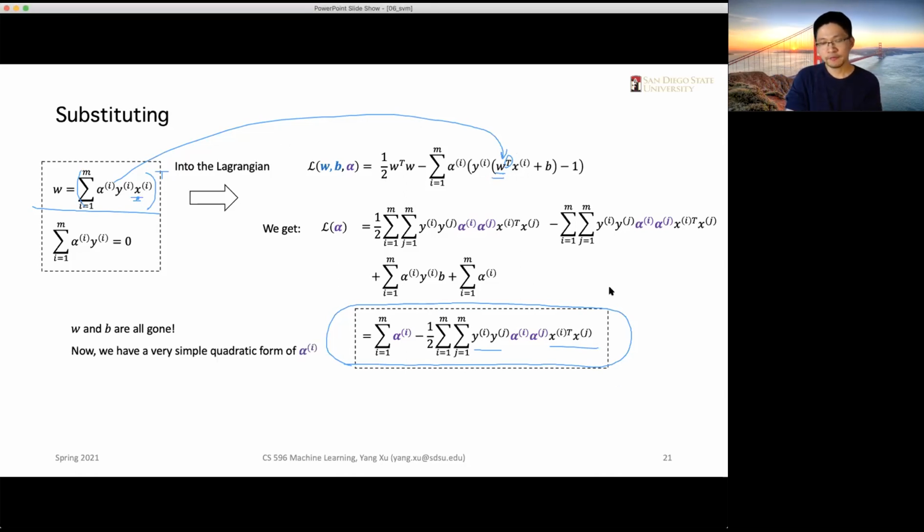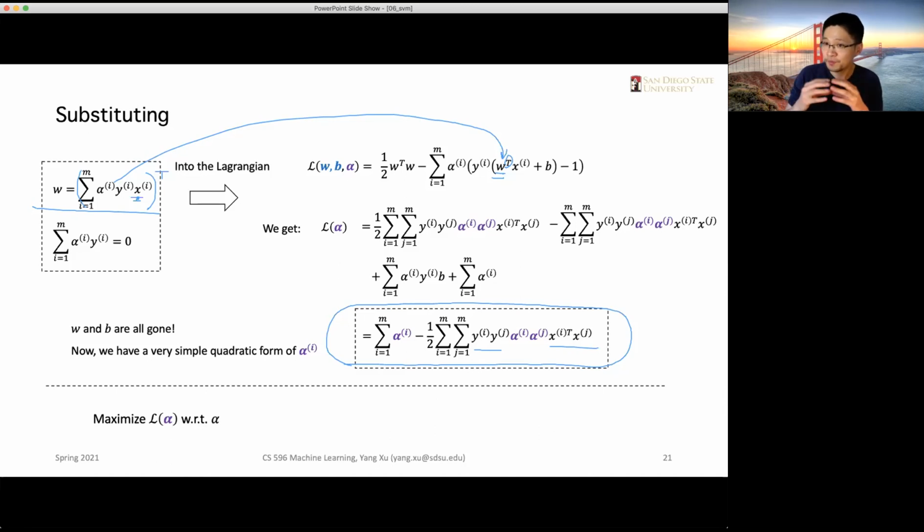So we finally get something that is a quadratic form of alpha i's that we want to maximize with respect to. Okay, so we want to maximize this. Let's admit it, it's still very complex.